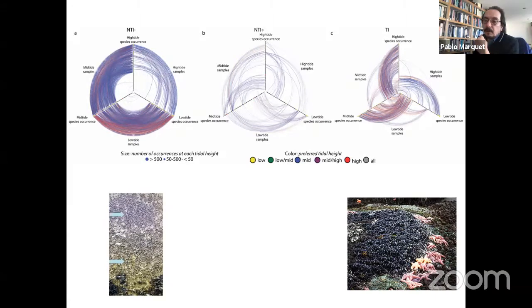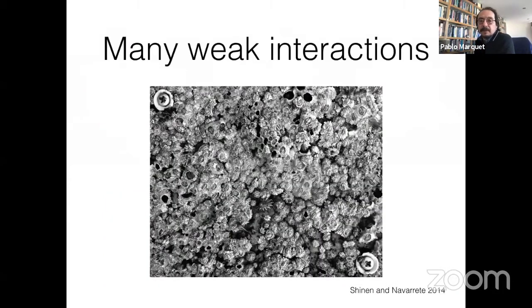So you reconstruct different colors: the red ones are negative trophic interactions, and the blue ones are positive. Depending on where the samples come from, you get a different reality of a network. So that's a very strong influence of the place where you're looking.